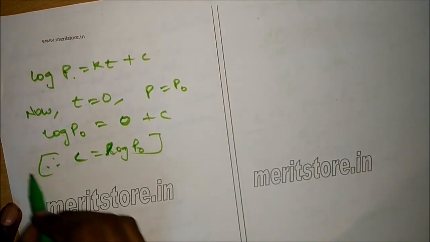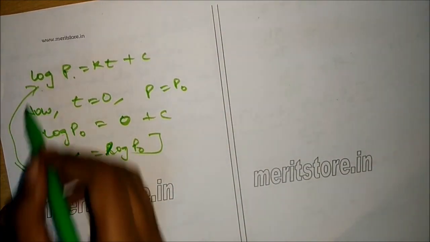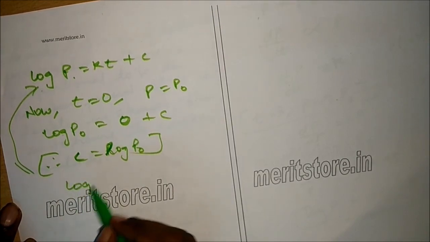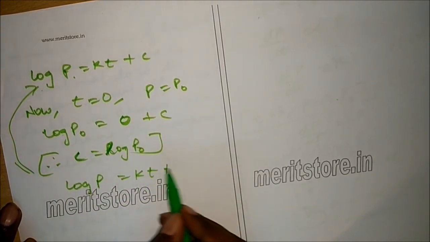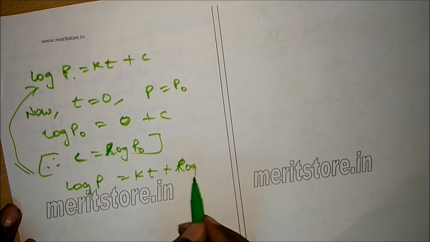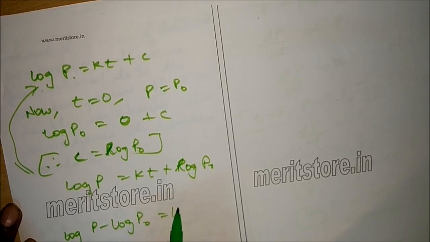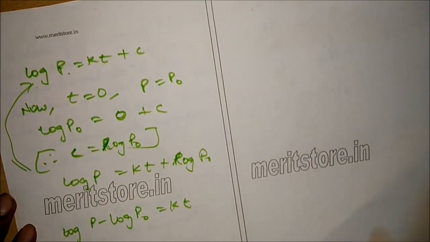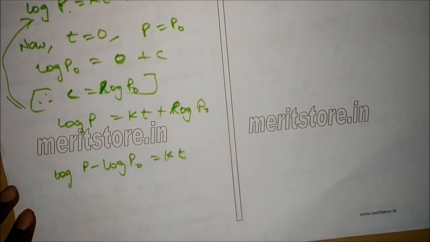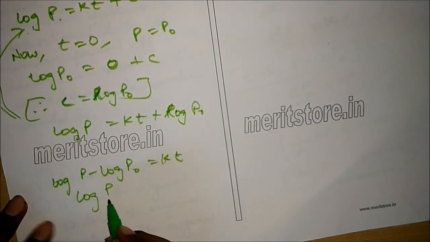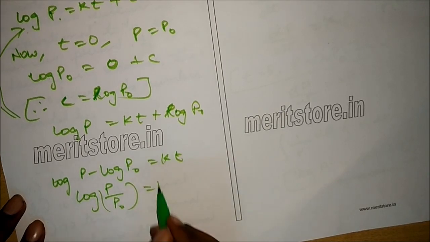So we substitute this back in the general equation. We get log of P equals kt plus log of P0. That is log of P minus log of P0 equals kt, by the law of logarithms. This will be log of P by P0 equals kt.